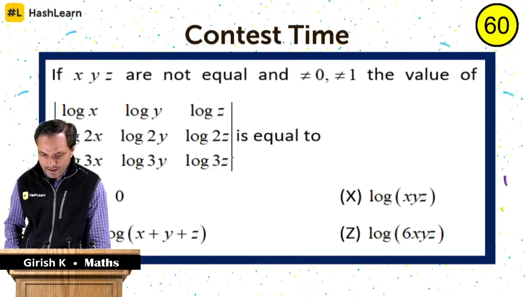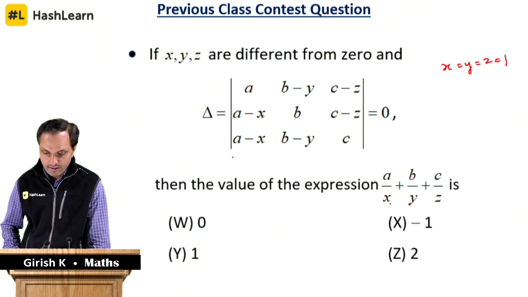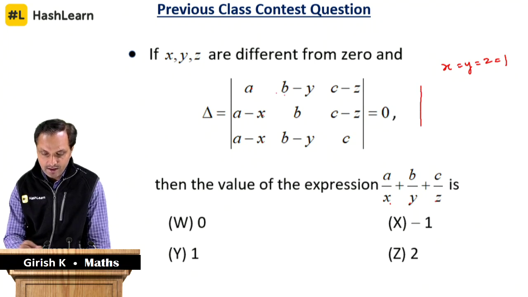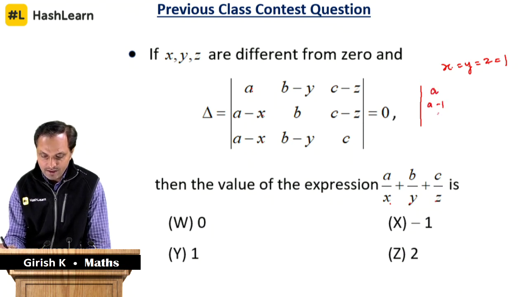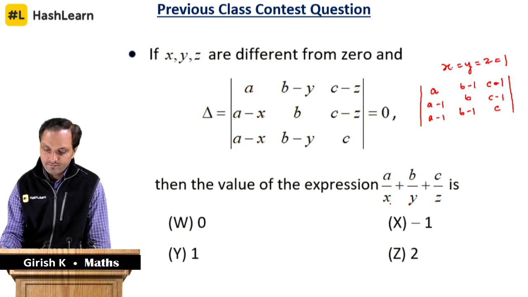Let me take the next slide. If I take x as 1, y as 1, z as 1, here it will become A minus 1, A minus 1, B minus 1, B minus 1, C minus 1, C minus 1, and here C.